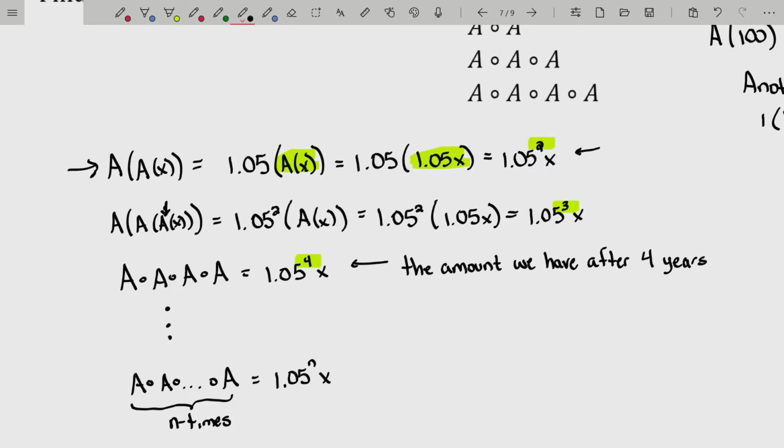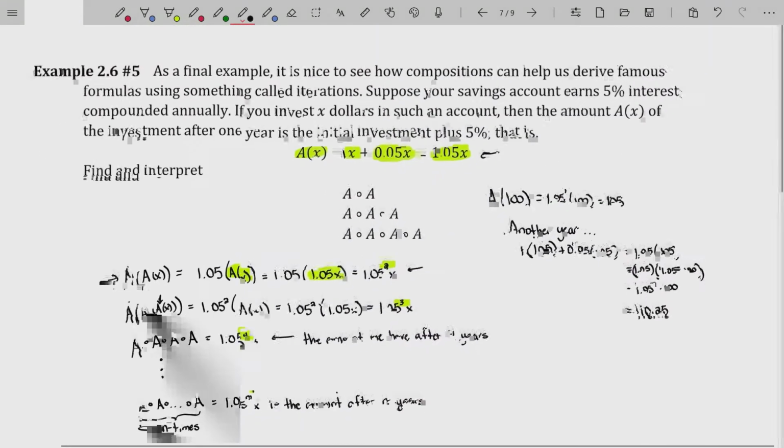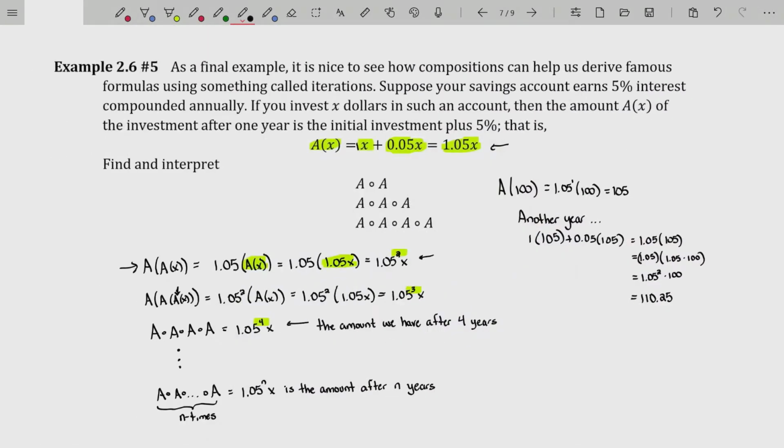And again, that should be the amount that we have in that account after n years. And so this is a really good use of compositions. It's a really nice style of problem, very gentle kind of working with compositions here. But it's good to see that compositions can be incredibly important.